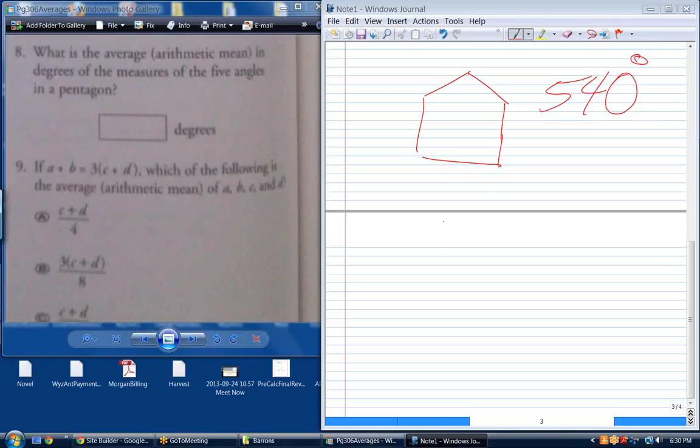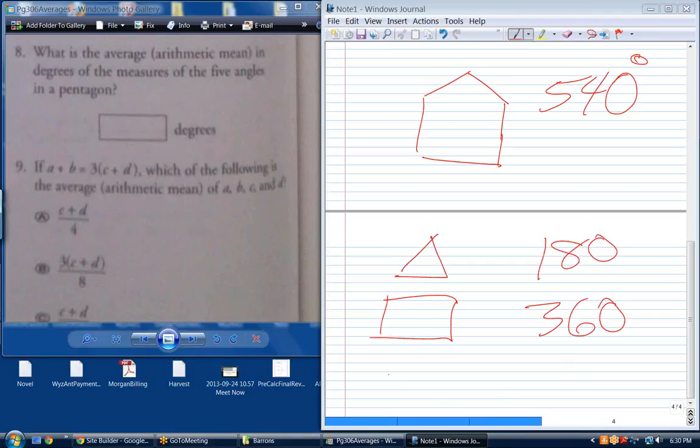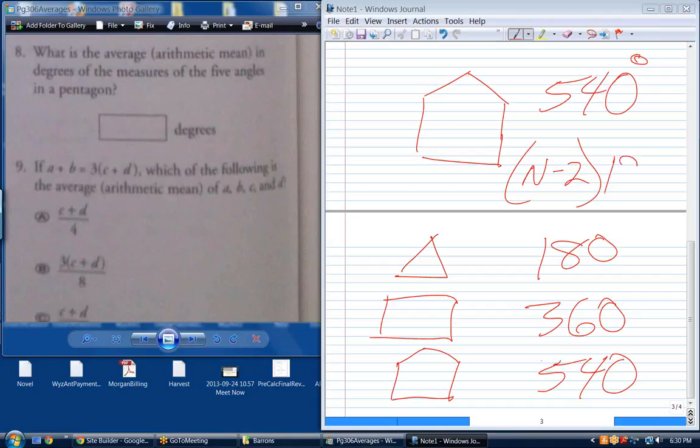No, notice that a triangle is 180, a rectangle is 360, a pentagon is 540. In other words, each one is 180 more than the other. And the formula is actually the number of sides minus 2 times 180. So this gives you the sum of the interior angles.